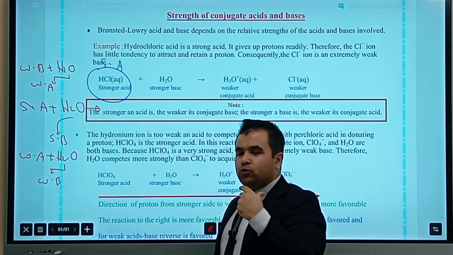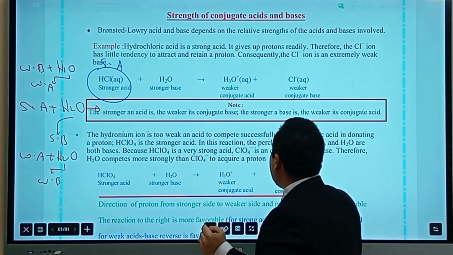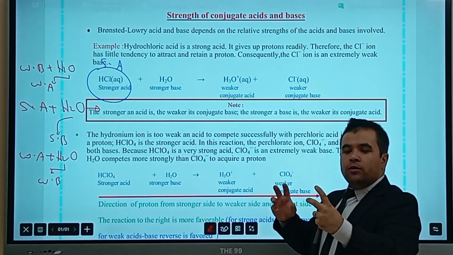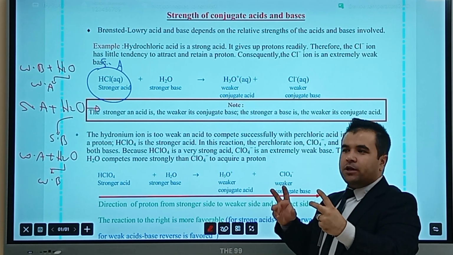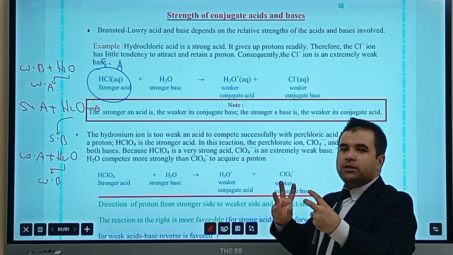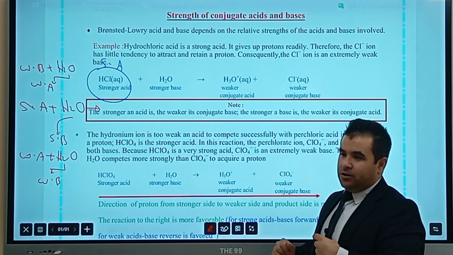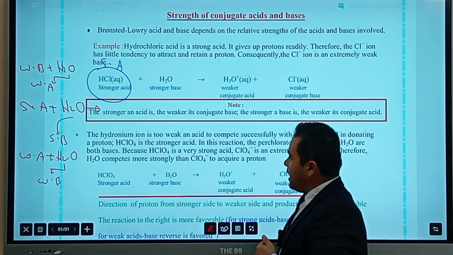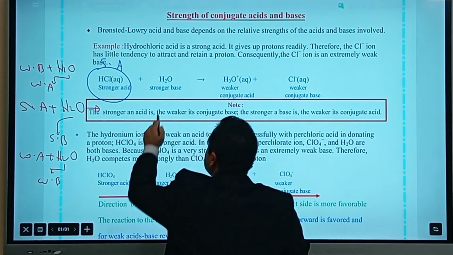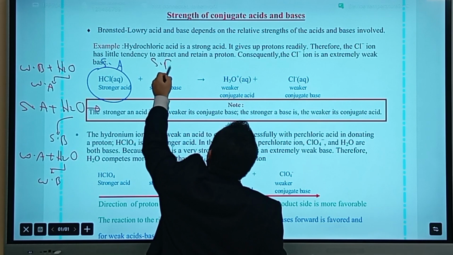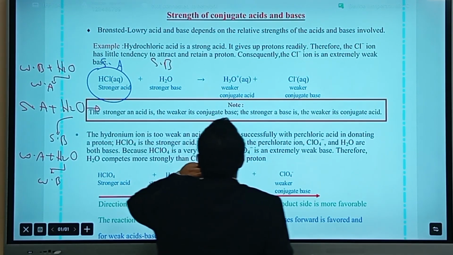Calcium hydride is an example. When the hydride reacts with H2O, in that exceptional case, H2O acts as the strong acid with the strong base hydride. So in this case, guys, H2O is a strong base. Why? Because it comes with a strong acid.